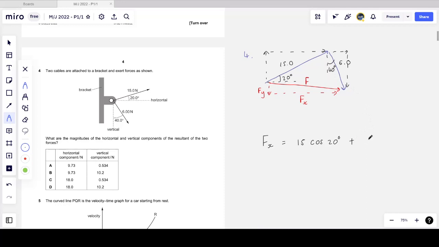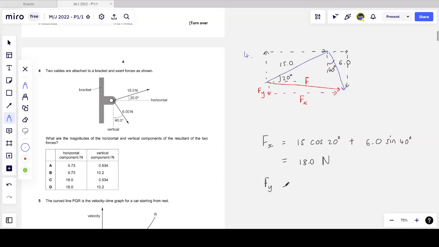And so it's that magnitude, which is 6, times the sine of 40 degrees. Again, it's just a little bit of geometry, not anything too complicated. So that gives me the x component of the resultant force. And if I evaluate this, I get 18 newtons.